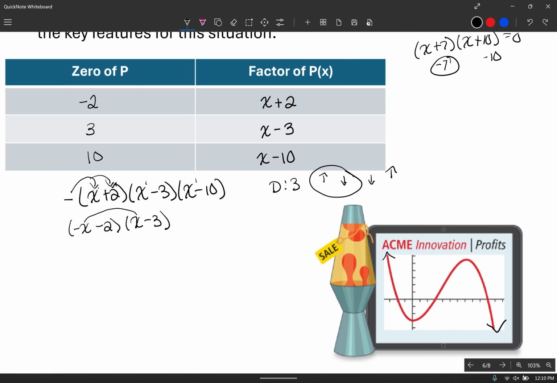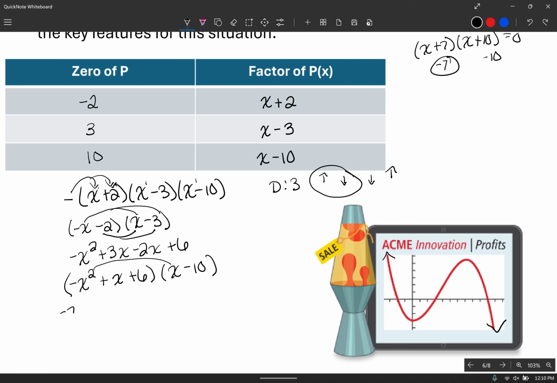So -x times x is -x squared. -x times -3 is positive 3x. -2 times x is -2x. And -2 times -3 is positive 6. And then we're just going to combine like terms. So we have a 3x minus a 2x, which gives us just a single x, along with our -x squared and our 6. So now we're going to take that times the third one, which is the x minus 10.